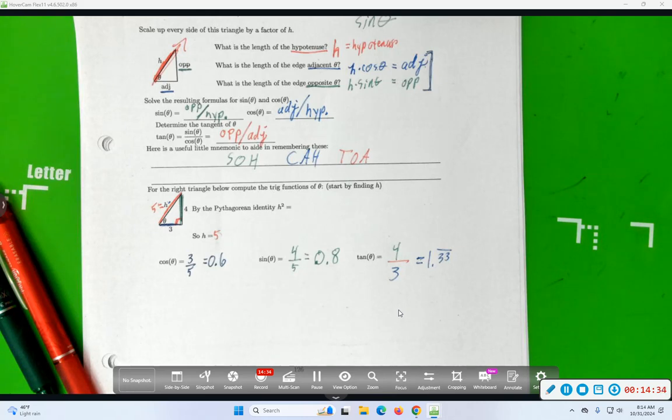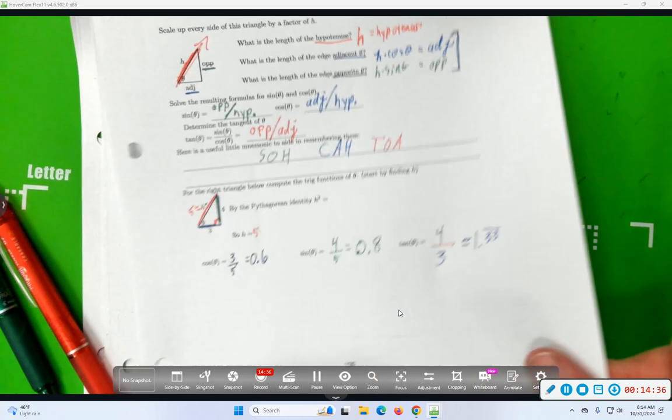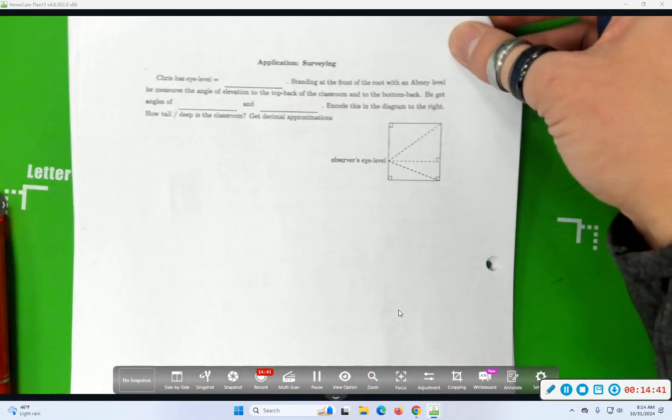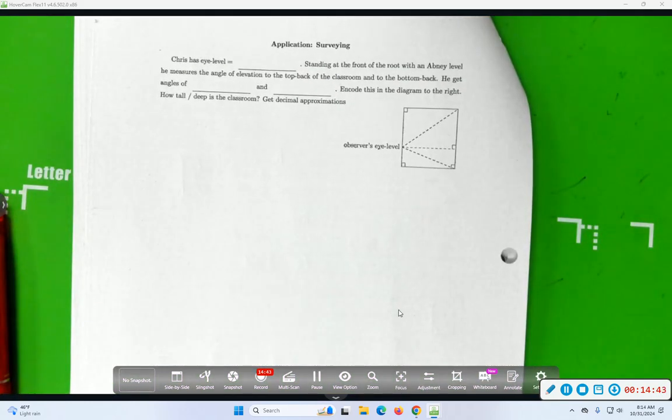Well, let me tell you the plan that I'm going to use. I'm going to stand at the front of the classroom. From my eye level, I am going to look down and measure the angle towards that point at the bottom of the carpet at the back of the room. And I'm going to measure the angle up to the top back corner.